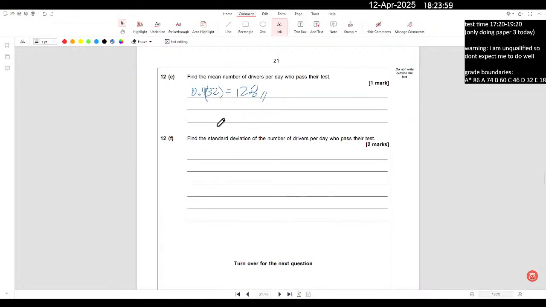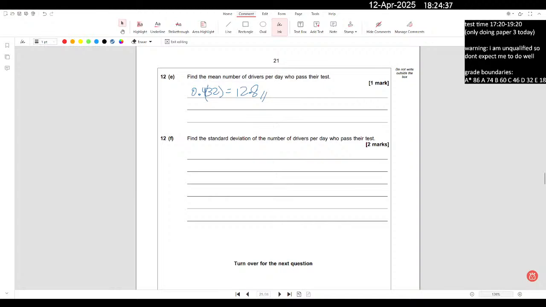Okay, standard deviation of the number of drivers per day who pass their tests. How do I get the standard deviation?